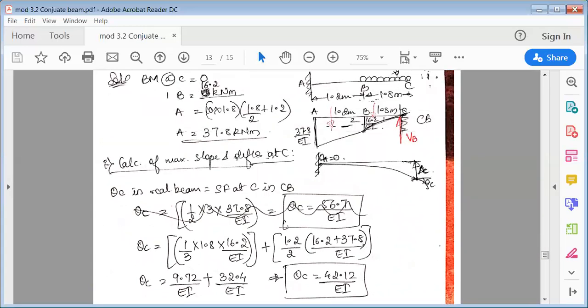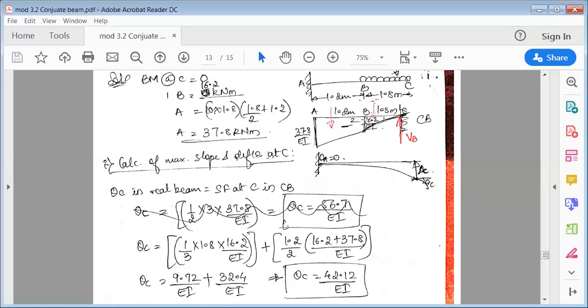The CG distance is first the centroid of the trapezoid. The centroid of a trapezoid is h by 3 times (A plus 2B), that is 2 times 16.2 plus 2 times 37.8, divided by 16.2 plus 37.8.